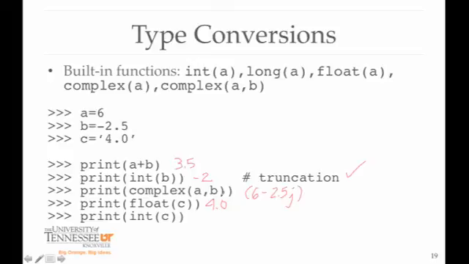The last example is a little bit more complicated. It turns out you can't directly cast that string '4.0' to an int. It's going to have a problem with the fact that you've got a representation actually inside those single quotes of a float, not an int. So this particular example will fail.